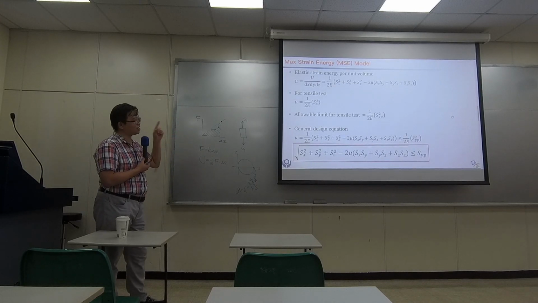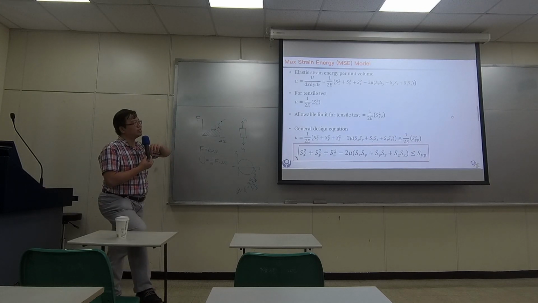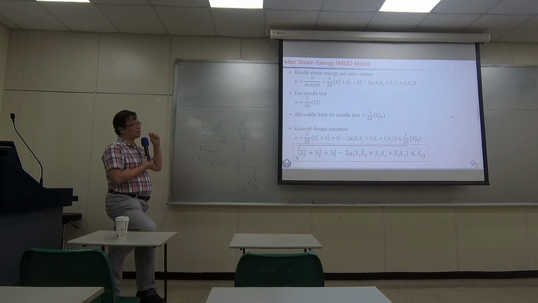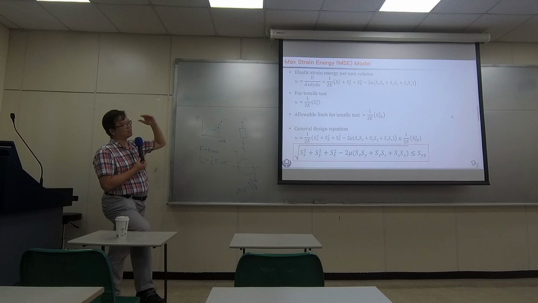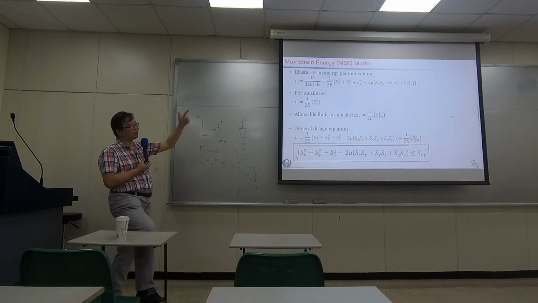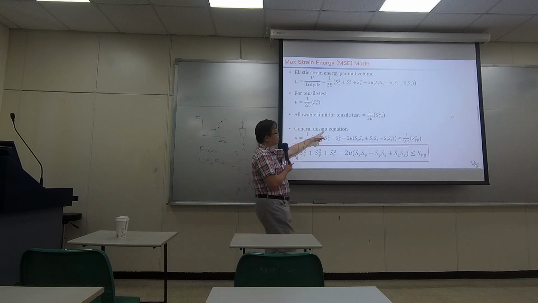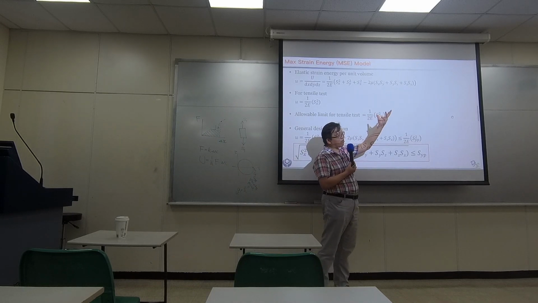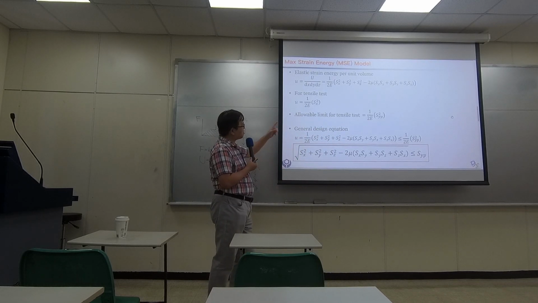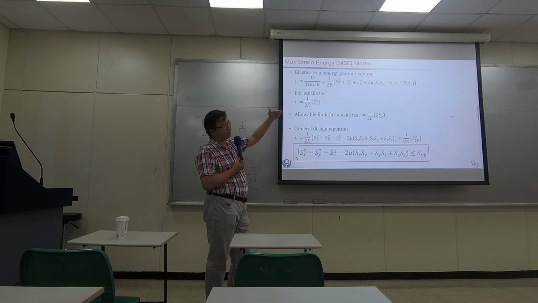Because the tensile test is the one way to deform your material with the simplest loading condition, and it's the easiest way to understand what's the upper limit. Suppose that's the upper limit for that material, and it's a value. Basically, it's a number. So even if you try different tests, supposedly that number should be the same.